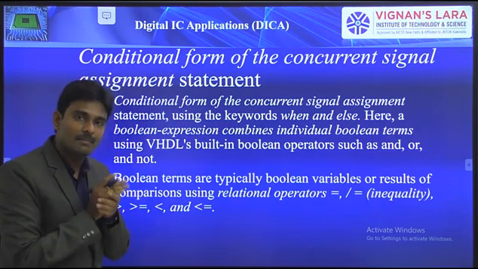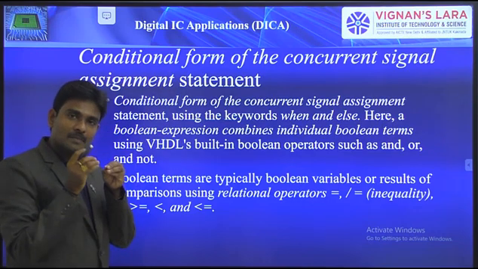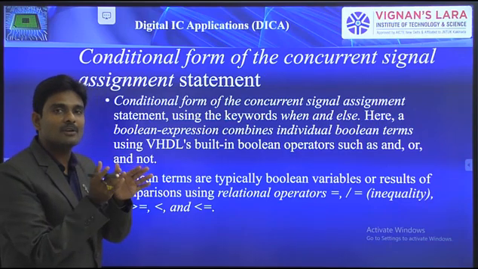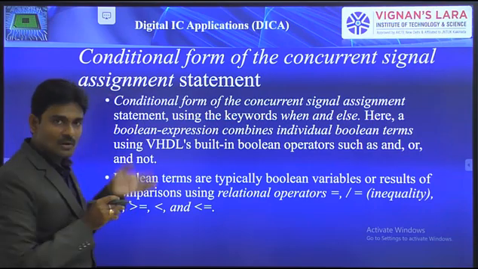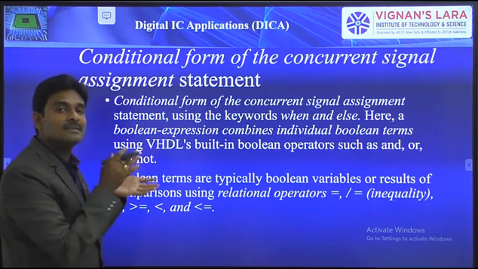Compared to the previous one, the main difference is that here we are going to verify the condition. With respect to that condition only, we make sure whether that expression value will be assigned to the signal name or not. Because of that, this also comes under concurrent signal assignment itself, but this is the second model.